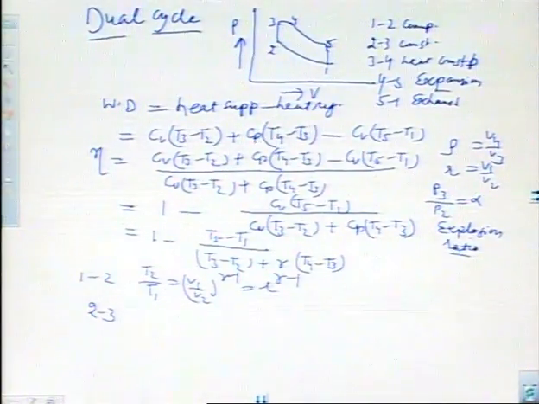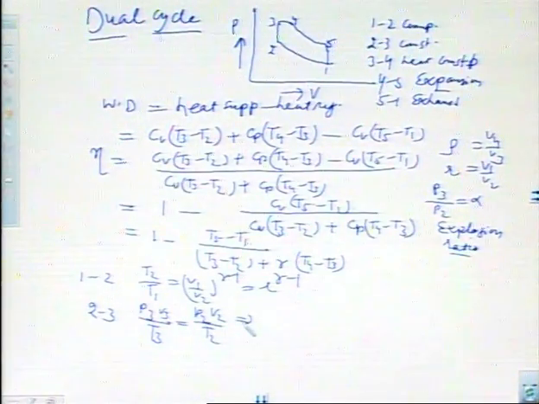So, we can write it in the 2 to 3 process, that is constant volume process. Apply the gas equation here. We will get P3 V3 divided by T3 equal to P2 V2 divided by T2.